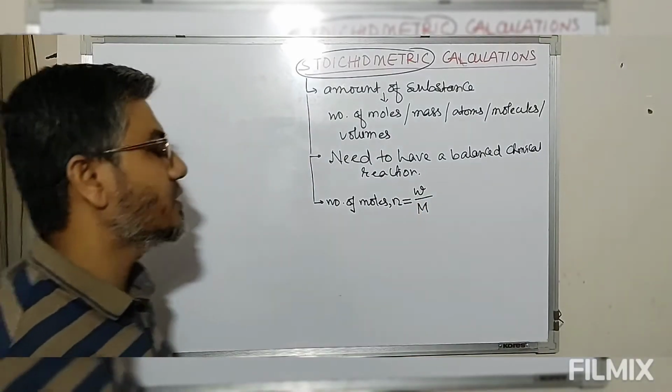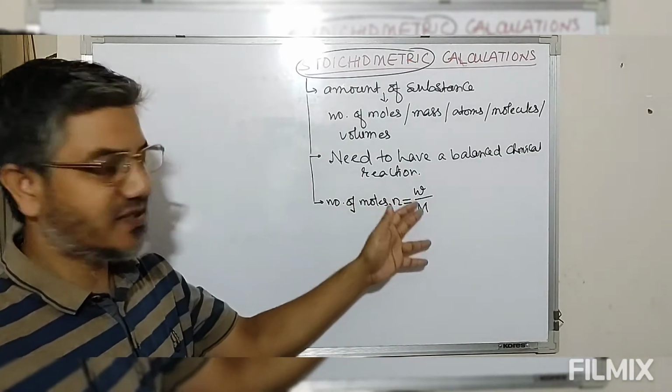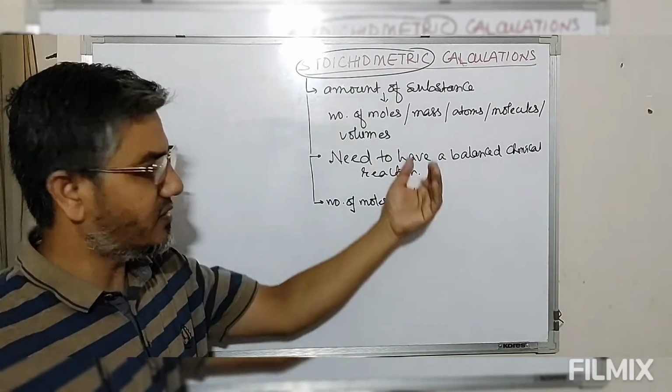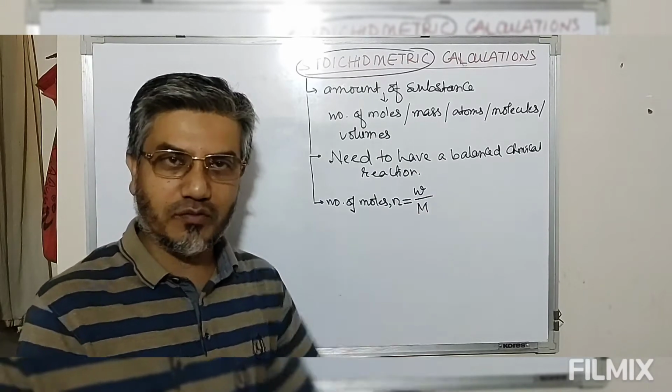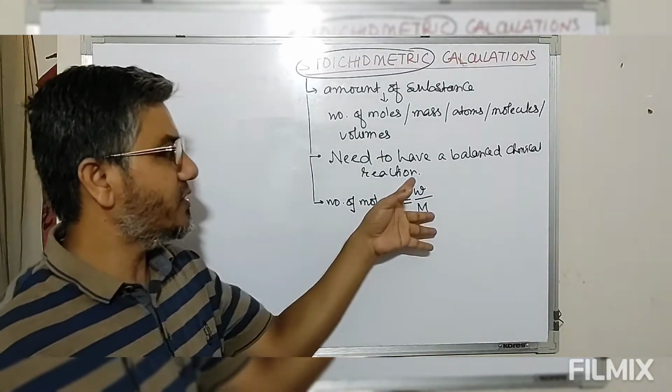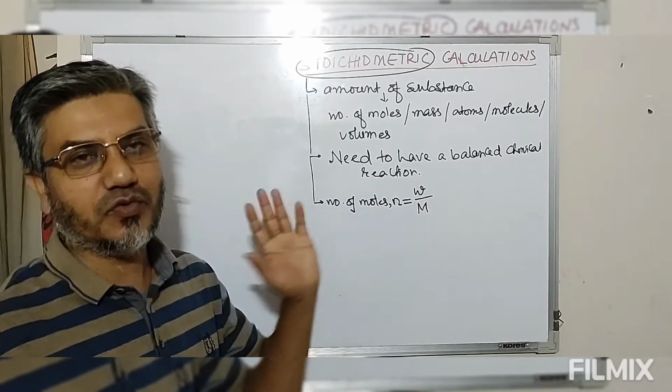Once the mass of the substance is given, and if the formula is known to you, then we can easily define the molecular mass. So once we have the mass, we need the mass ratio to define the number of moles.